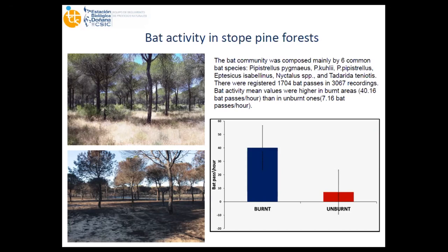Now, we continued recording in the following years because we are interested in whether this will hold over time, or when the place regrows, whether it will go back. Also, forest clearings will have the same effect, the kind of thing that we are applying.